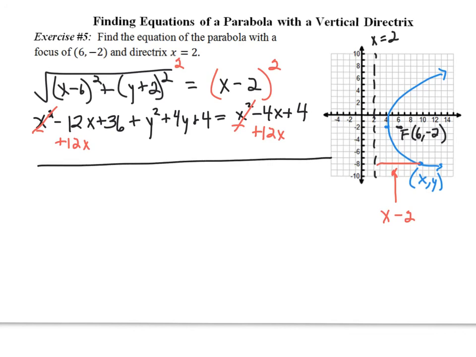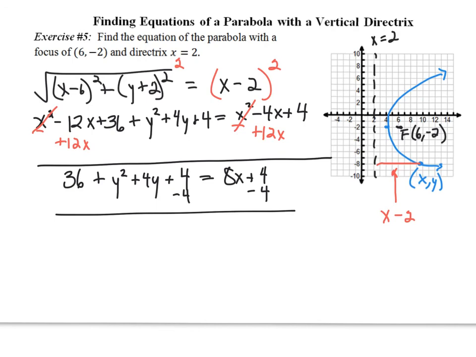Going ahead and doing that, I now have 36 plus y squared plus 4y plus 4 equals 8x plus 4. Let's get the x by itself, so subtract 4 from both sides of the equation. So 8x is equal to y squared plus 4y plus 36.